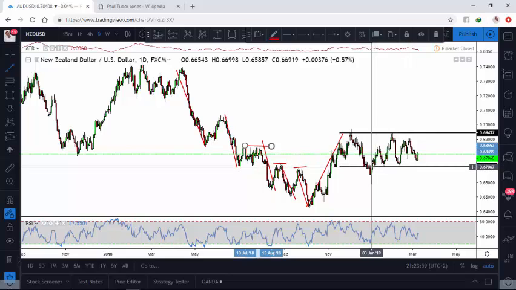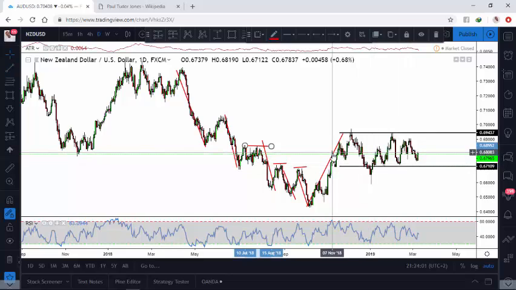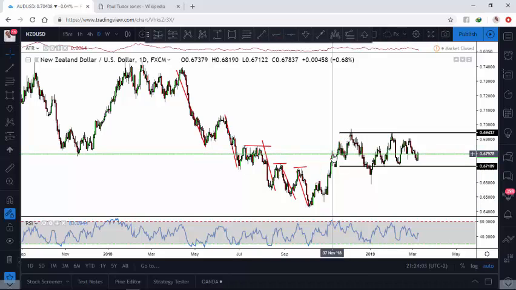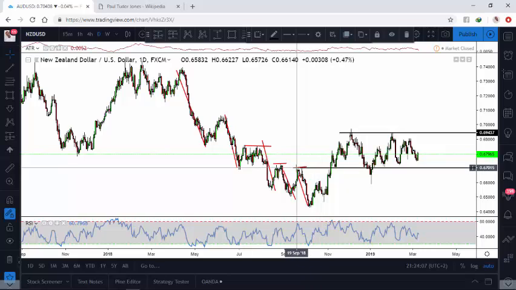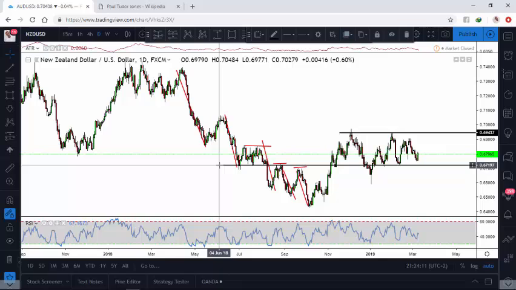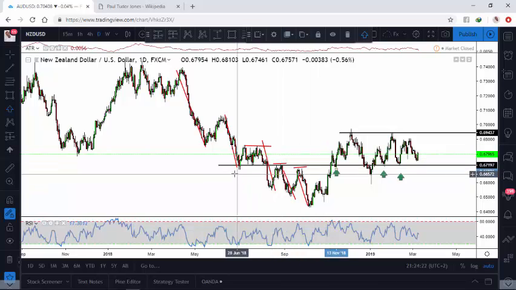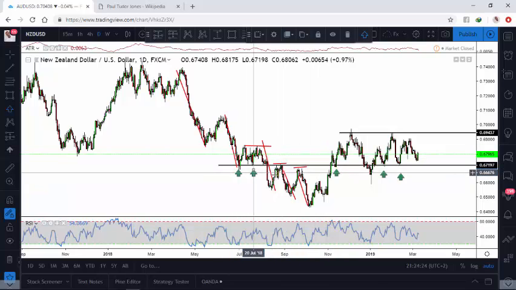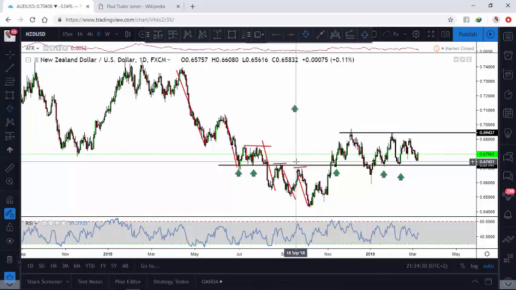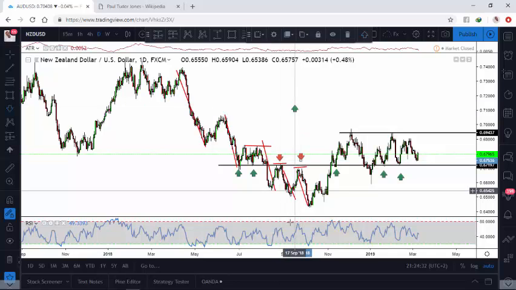All right, so what I find interesting is this level, actually, right here, these support levels right there, right? I have support right there, another support, and we have resistance and resistance.